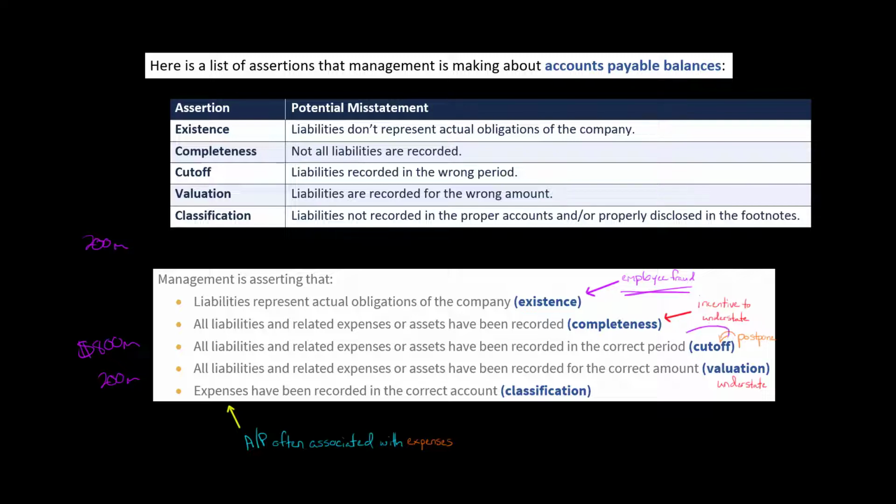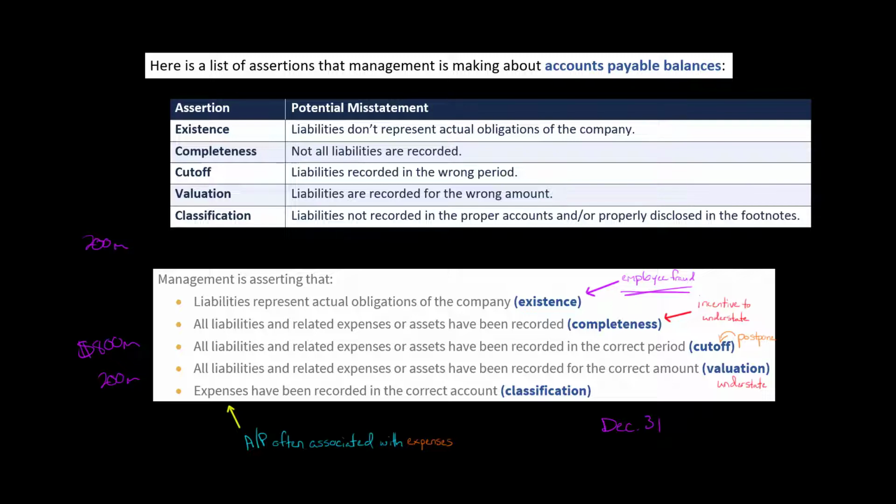Now, the cutoff assertion is very important because sometimes, let's say the fiscal year end for a company is December 31st, and the company gets a bill on December 31st, and they say, okay, we actually should be recording this liability today on December 31st. But the manager says, you know what, I'm not gonna tell anybody about this liability.